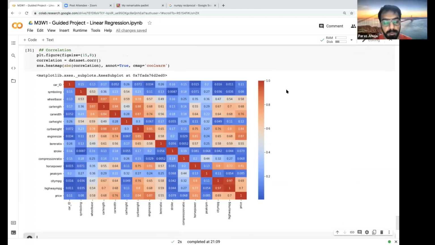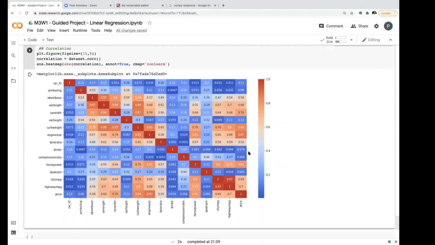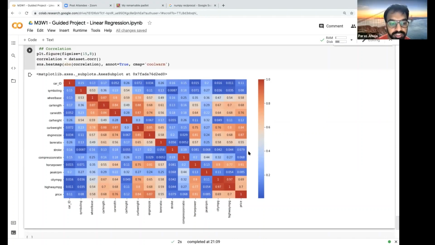Correlation between what and what? There is a lot of correlation between each feature present in the data set. Yes, so correlation is there, right? That's a correlation graph. It will tell us correlations between different variables.